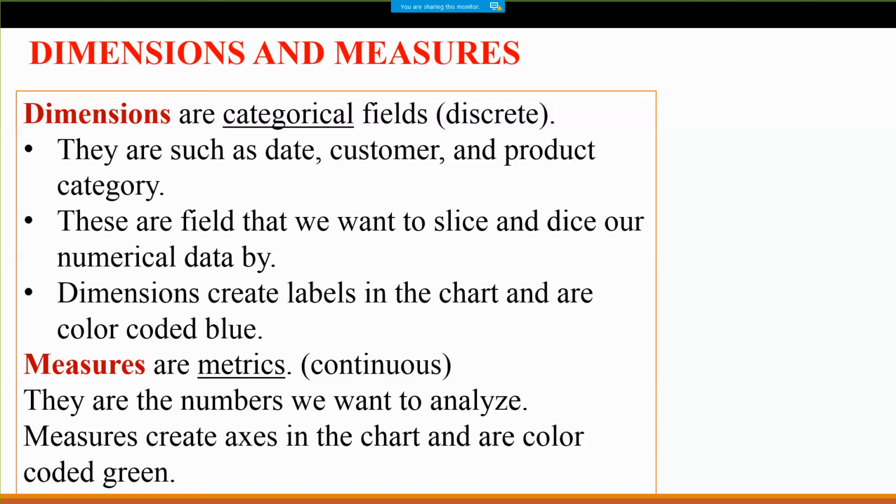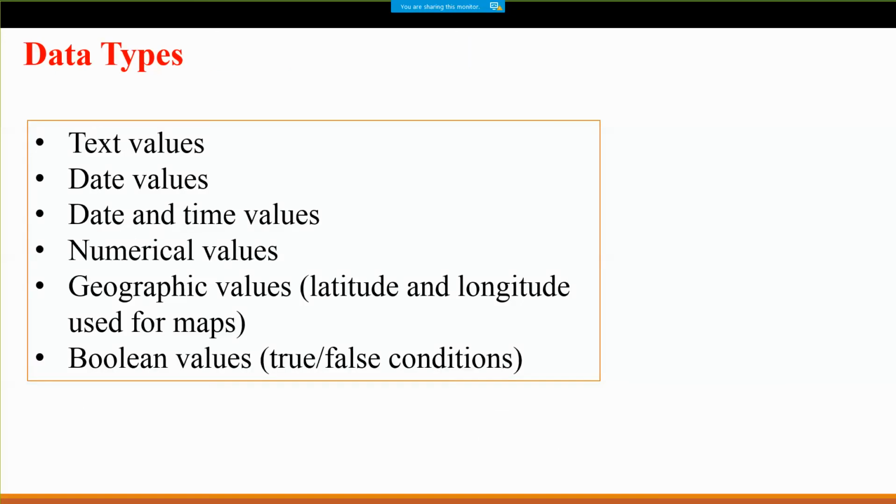Those are very important because you can start pulling them in to do your design and visualization, so you can slice and dice this information. In addition, you can create labels from those. The second part are the measures. They are metrics and continuous, such as sales, price, cost, and numbers. So anything like that you can analyze, in very nice colors as well.